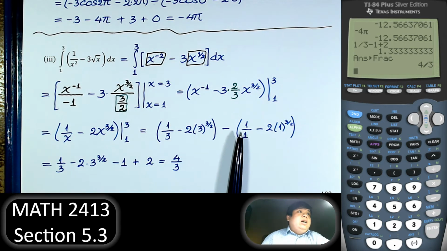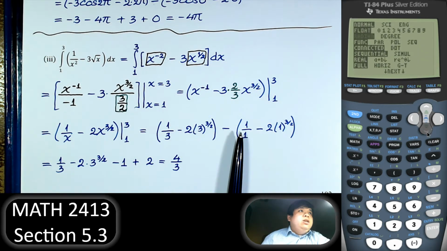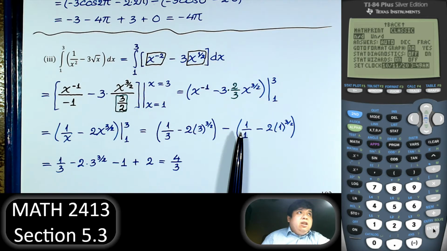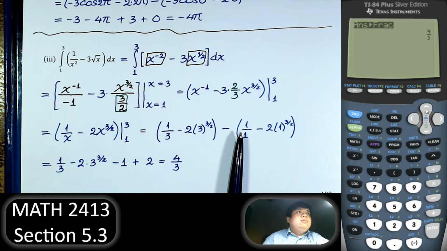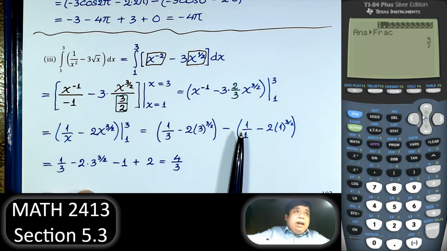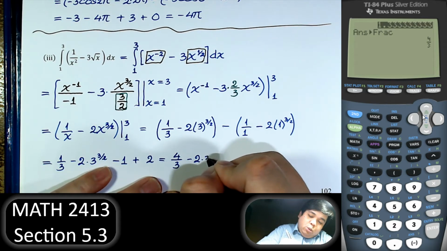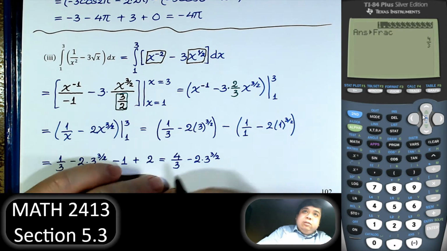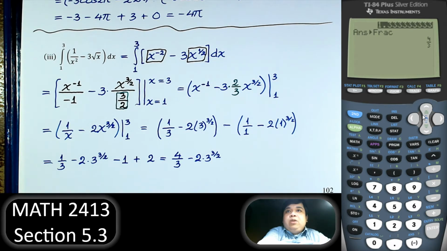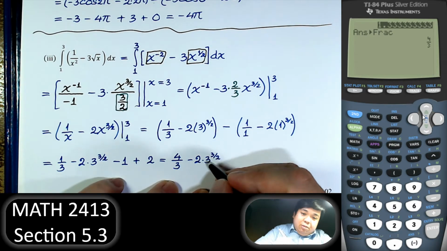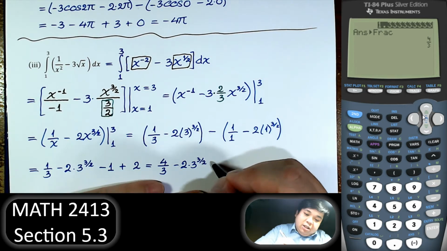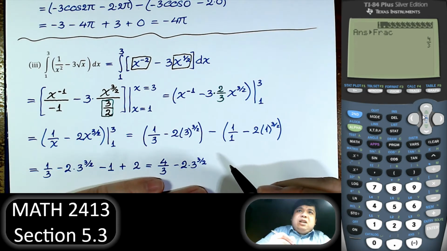By the way, I should change this back to the nicer display. Yeah, they give us 4 over 3. And then we still have this, 2 times 3 to the 3/2. Yeah, so that is the answer. If we want to write it in a better way, we can rewrite 3 to the 3/2.